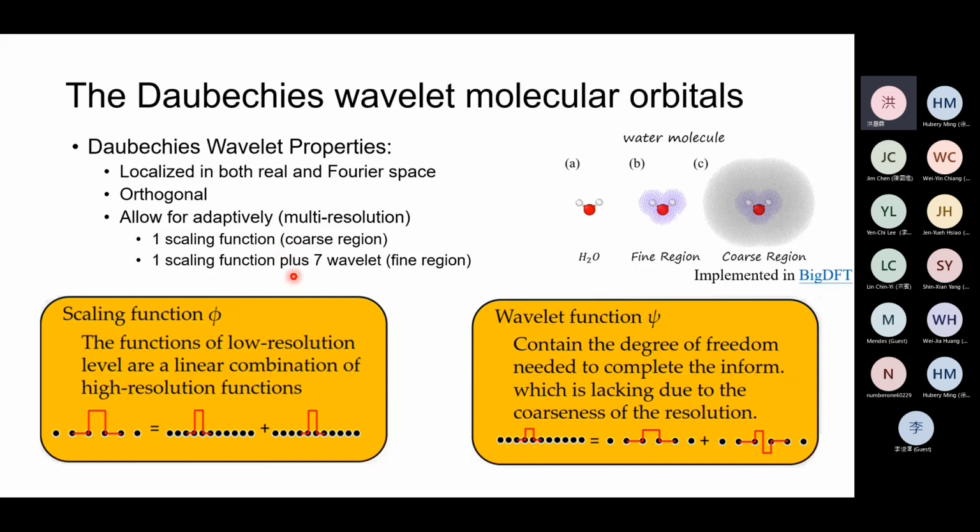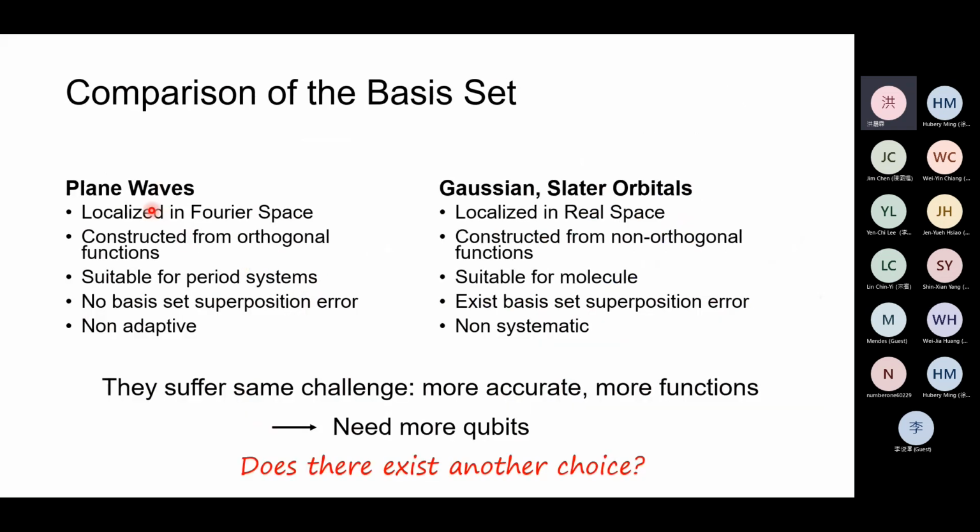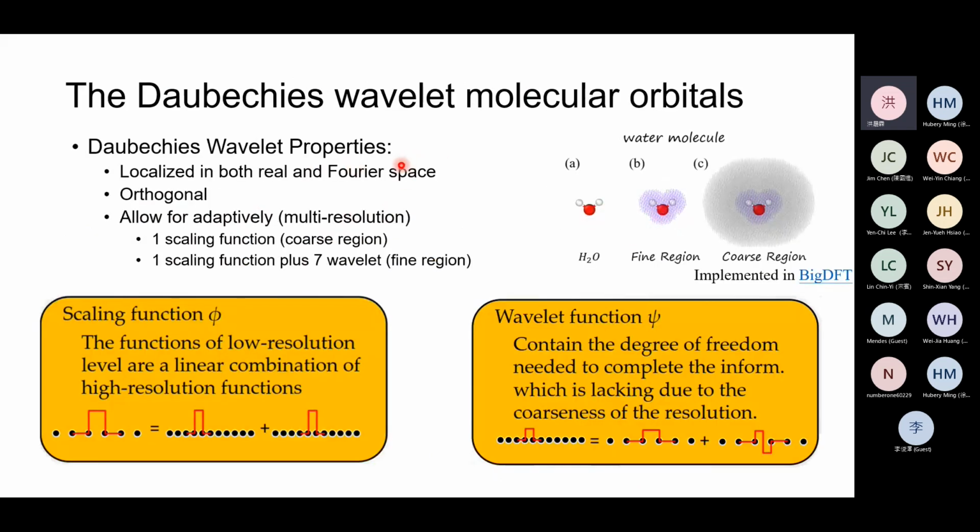That's why we can see it combines the advantages of the plane wave and Gaussian. It is localized in both Fourier space and real space, so it's easy to converge and has atomic-like orbital properties. Also, it is orthogonal, so it is easier to calculate the overlap matrix.